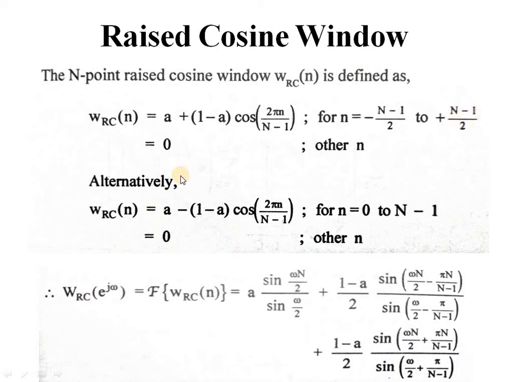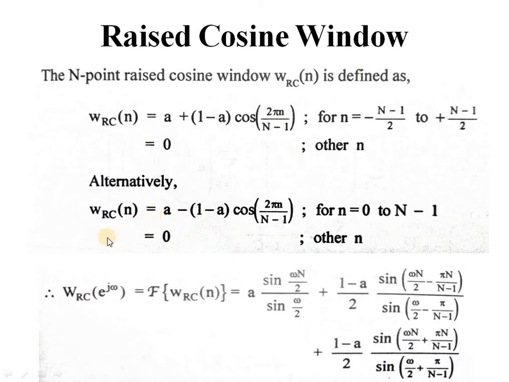Alternatively, when we use both odd and even values of n, generally we choose w_RC of n equal to a minus (1 minus a) cos of 2 pi n by (N minus 1) for n equal to 0 to N minus 1. Here a is any constant, generally it can be changed, and with different values of a we will get different kinds of windows.